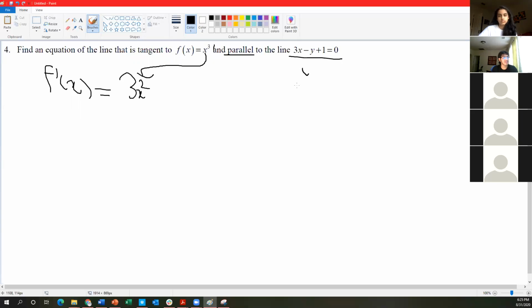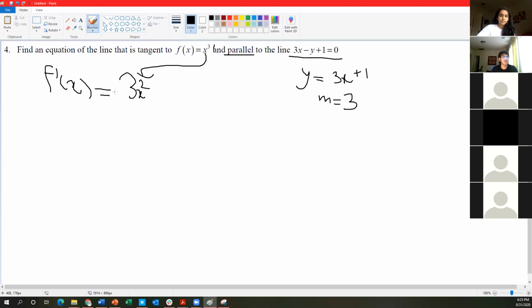If I were to set this in slope intercept form, this would be y equals 3x plus 1. What is the slope of this line? 3. Yeah, 3. So we're going to set 3x squared, our derivative, equal to 3, right?